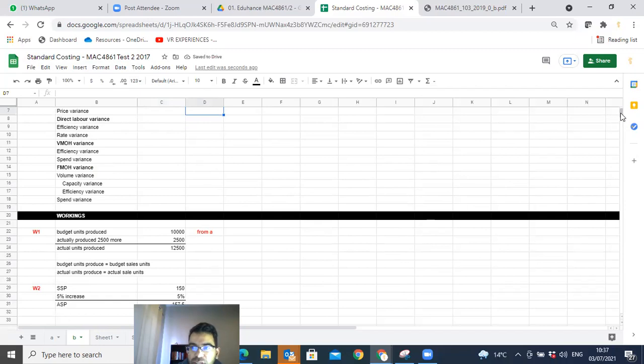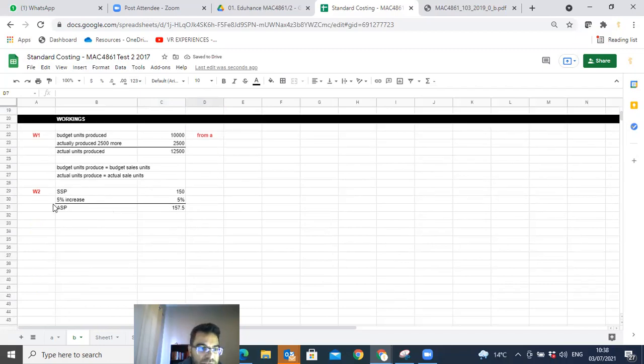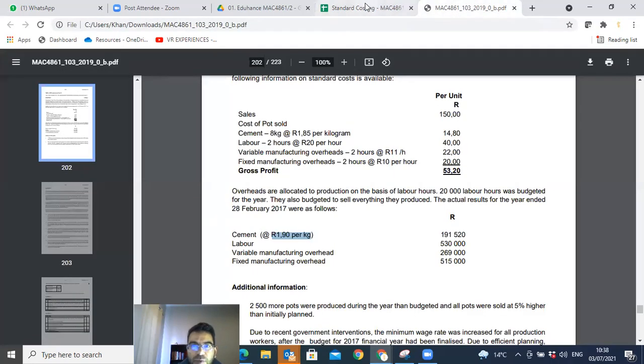So actual quantity is as follows. Remember, the total cost of actual quantity was 191,520.